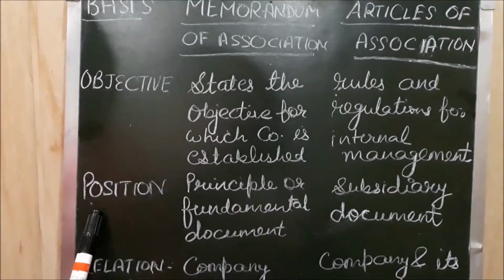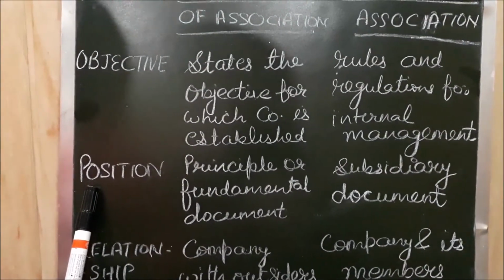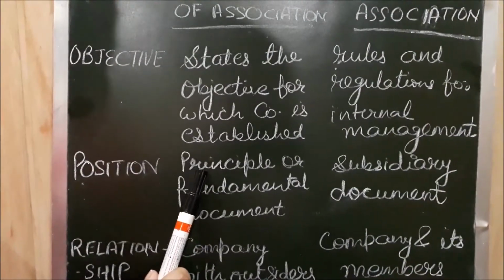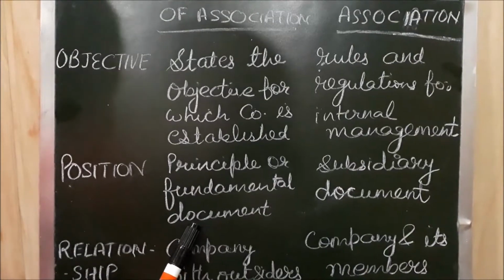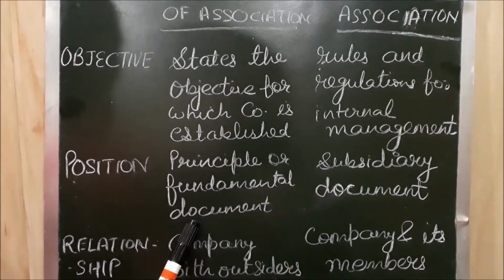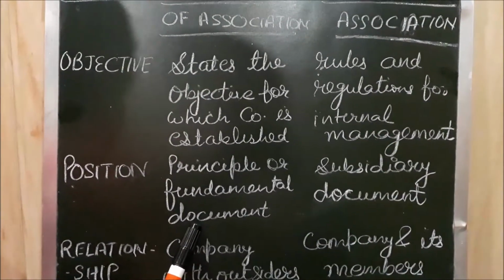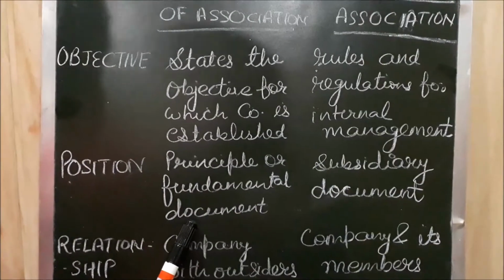Then next is position. What is the position of these two documents? Memorandum of Association is the principal or fundamental document of the company, and it is subordinate to the Company Act. Subordinate means it is the sub-document of the Company Act.